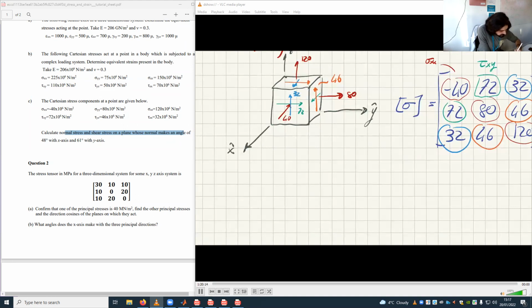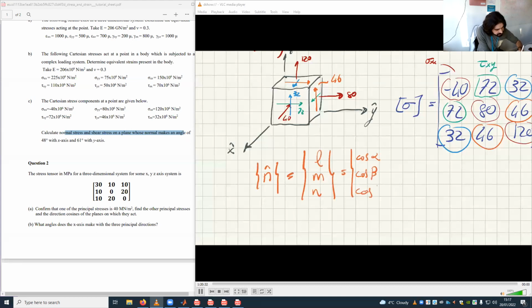The normal is a vector of L, M, N, and these are also the director cosines of the normal. Cosine of alpha, cosine of beta, cosine of gamma. What are alpha, beta, and gamma? These are the angles.